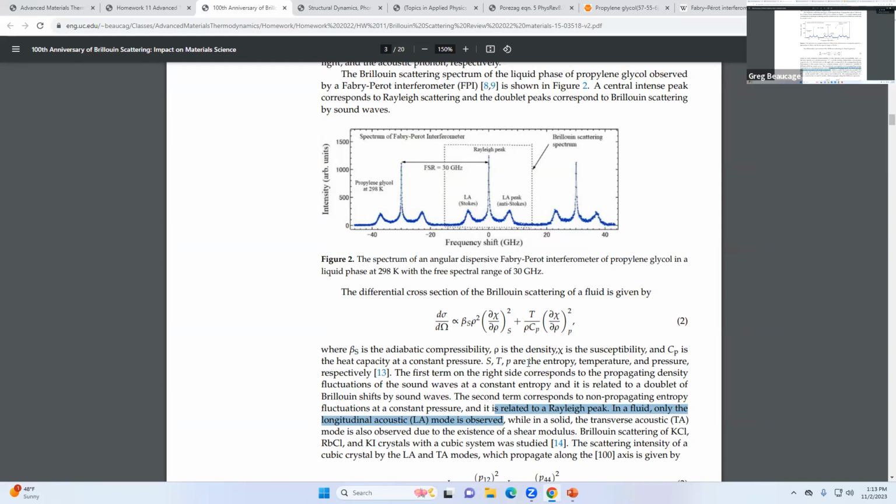That's not bad. All right, so we got this thing, right? He's got constant S and constant P. That makes you think like dH is VdP plus TdS.